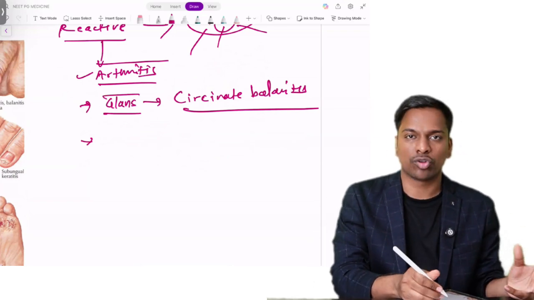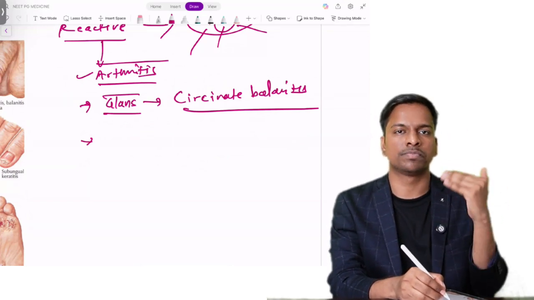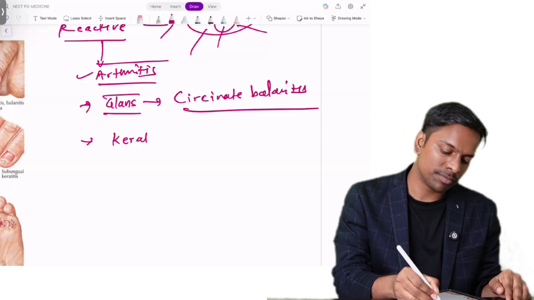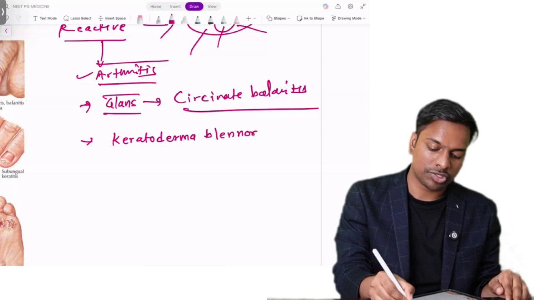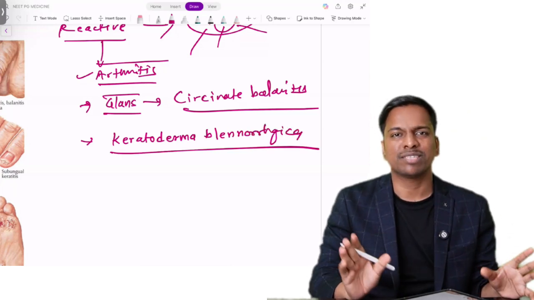Now, sometimes the feet are also involved. At the feet there is an increase in keratin, the keratoderma, called keratoderma blennorrhagicum. So these are some classic features.